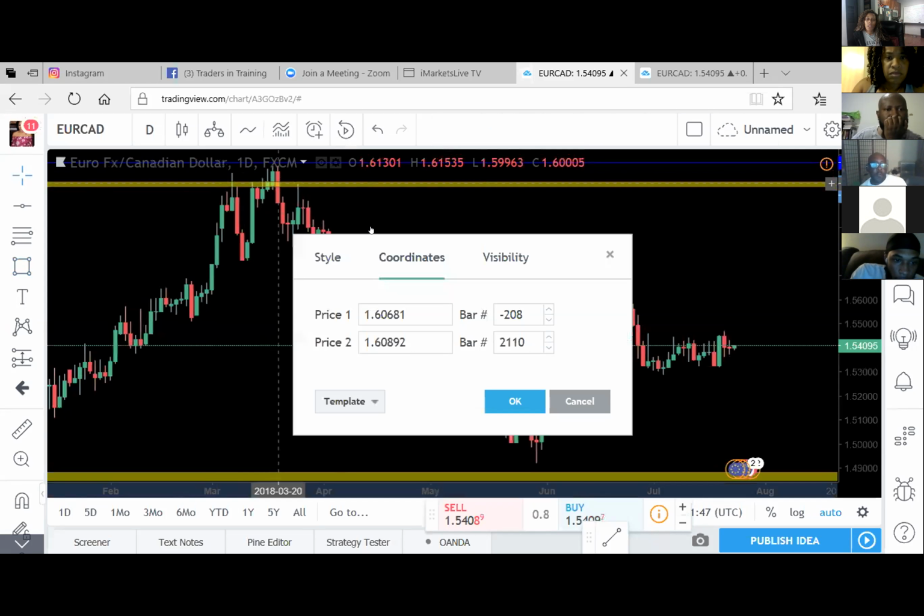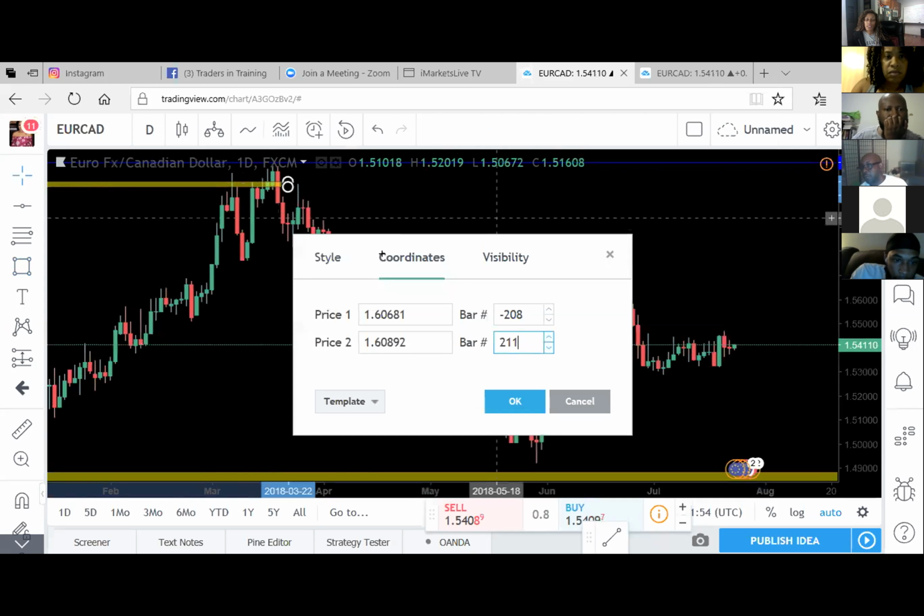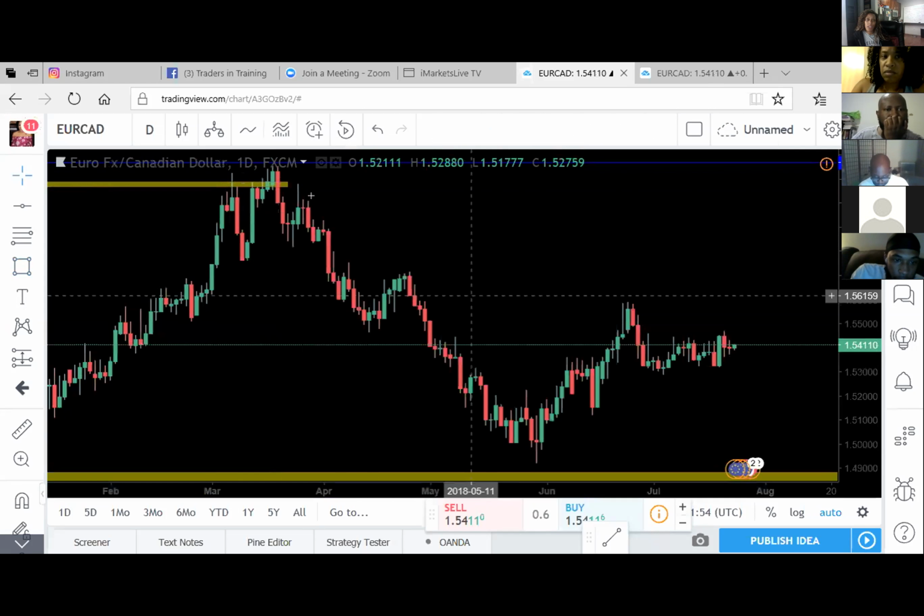You need those four lines. Take off that zero or something. You need those dots so you can draw the width of the box first, then you extend it.